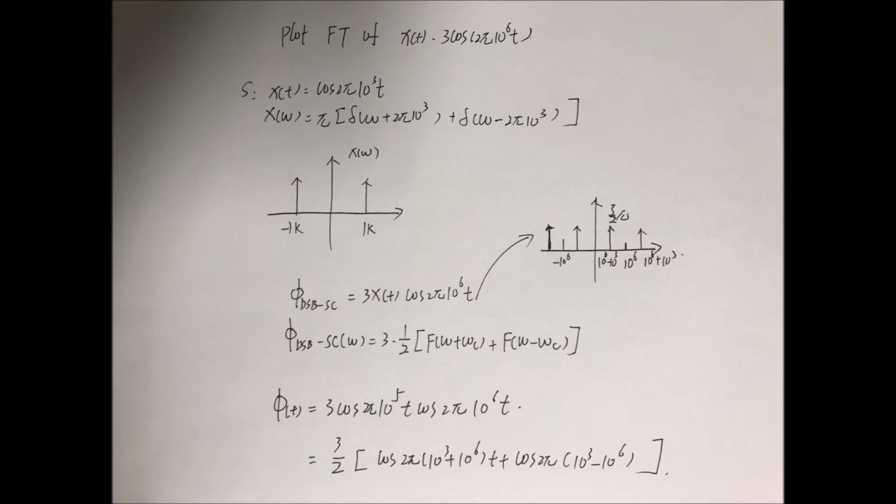We know x of t is cosine 2 pi times some frequency, and for this one's Fourier transform, if you look at your table, we get pi at plus k and minus k times the delta function.